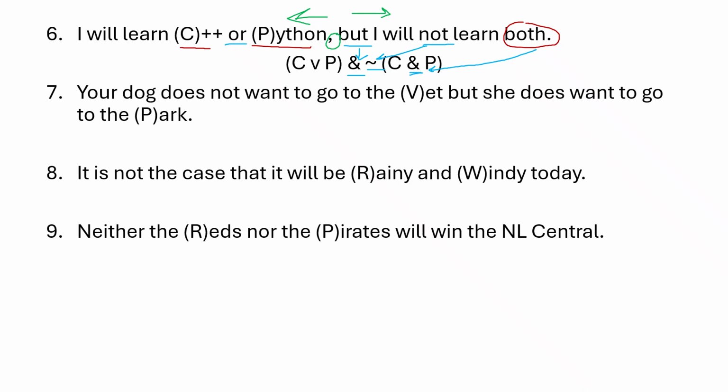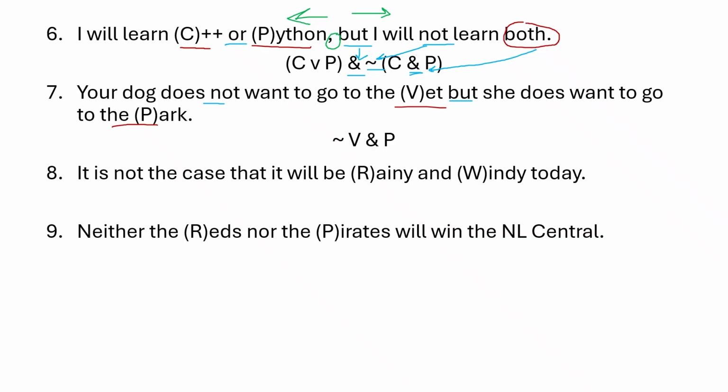Okay, looking at the next one. So we have a V for your dog does not want to go to the vet, and a P for but your dog does want to go to the park. So we've got a couple of operators here. We've got the not and we've got the but. So this one would be symbolized as this. So again, it's important to recognize whether or not you need parentheses.